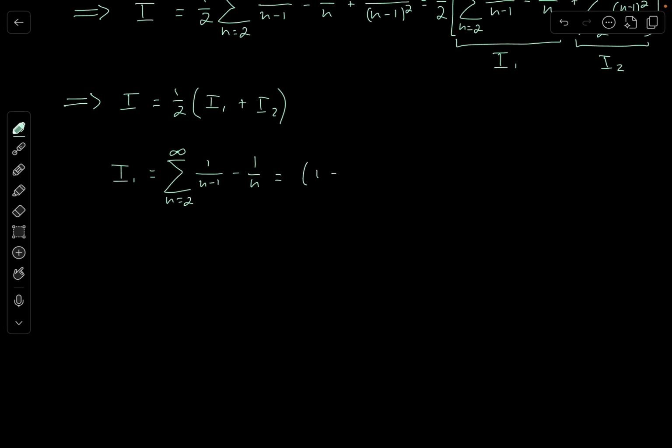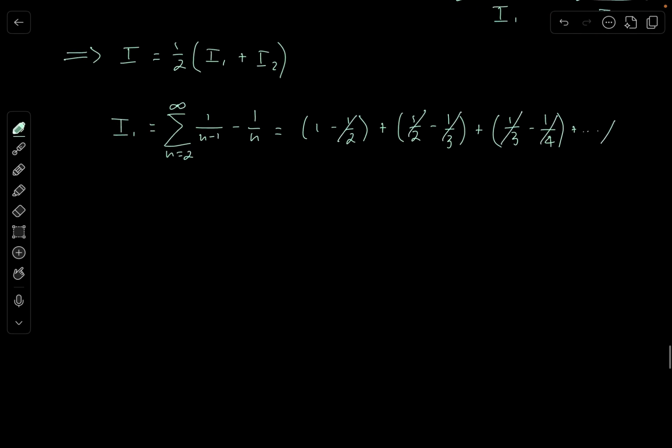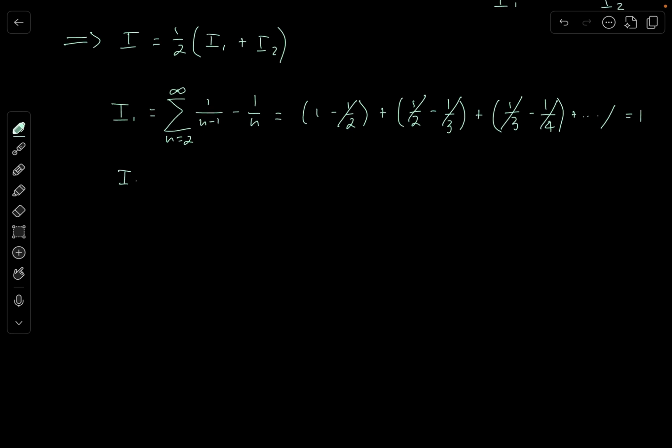So that's 1 minus 1/2 plus, plug in 3, we get 1/2 minus 1/3. Plug in 4, we get 1/3 minus 1/4. And that keeps going on. And obviously you can see that these all cancel out. And this is just equal to 1. So I sub 1 is equal to 1.